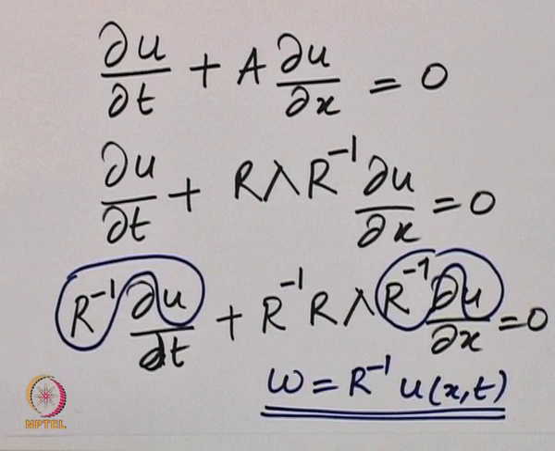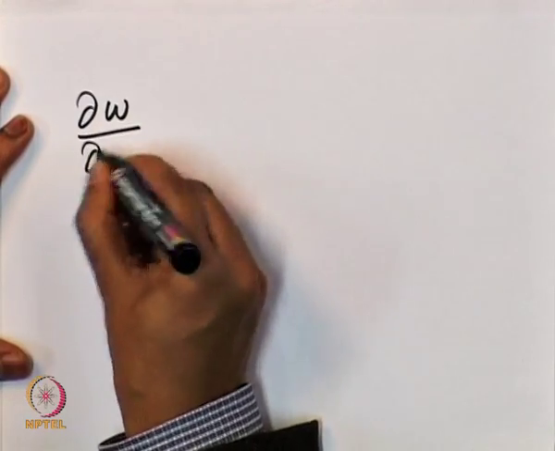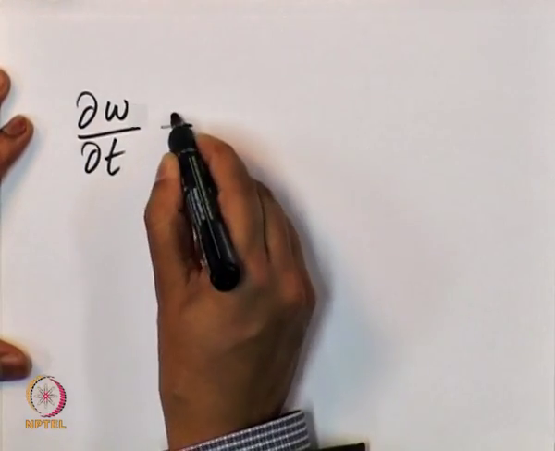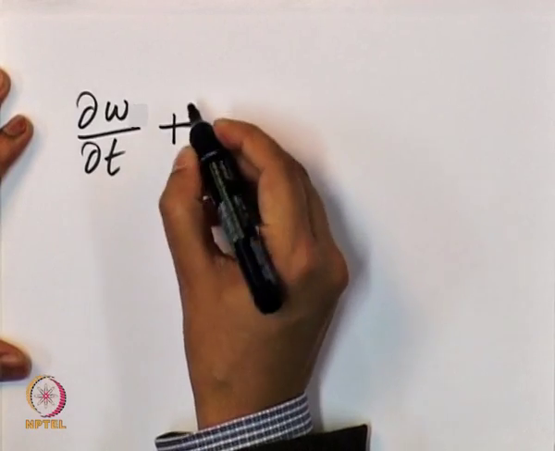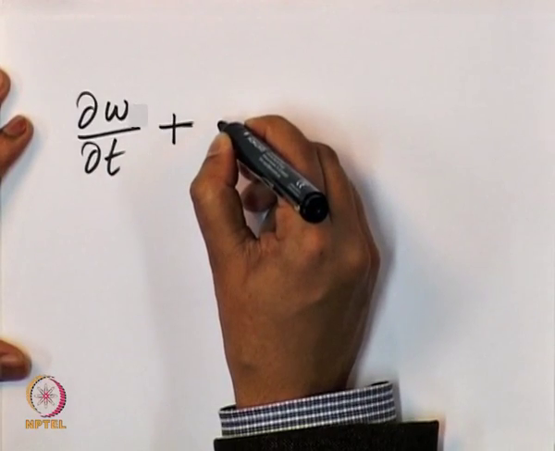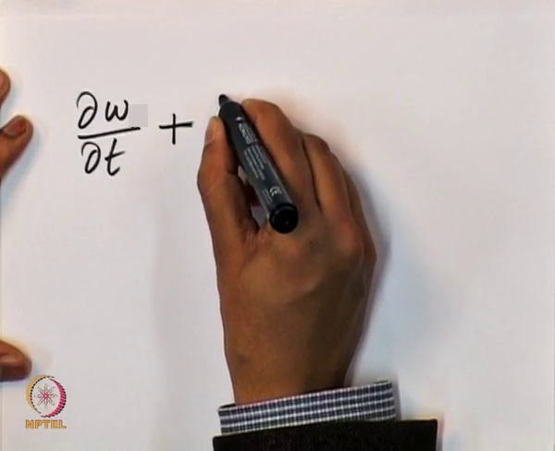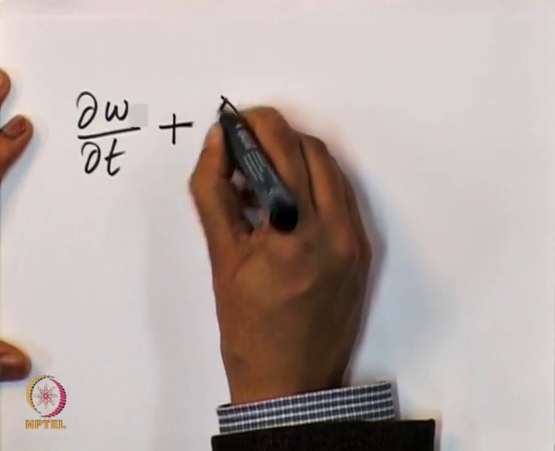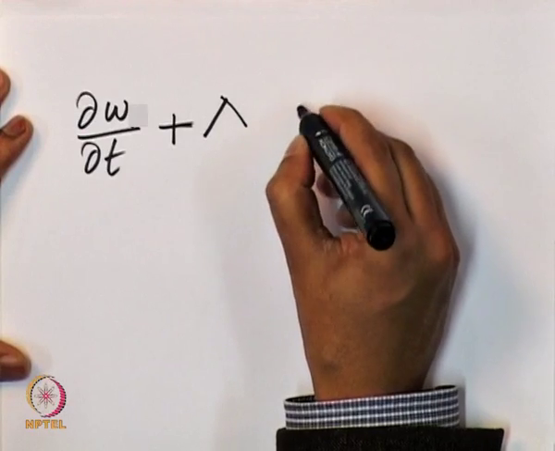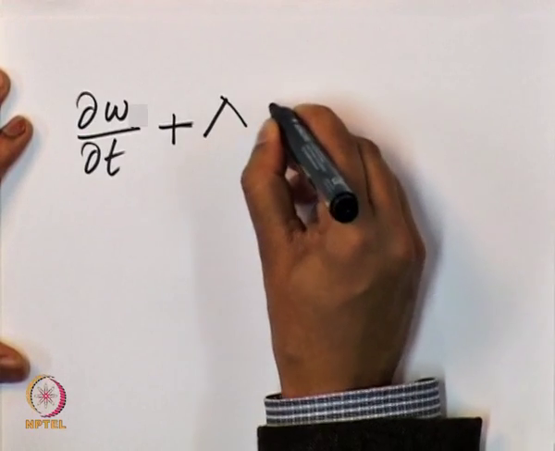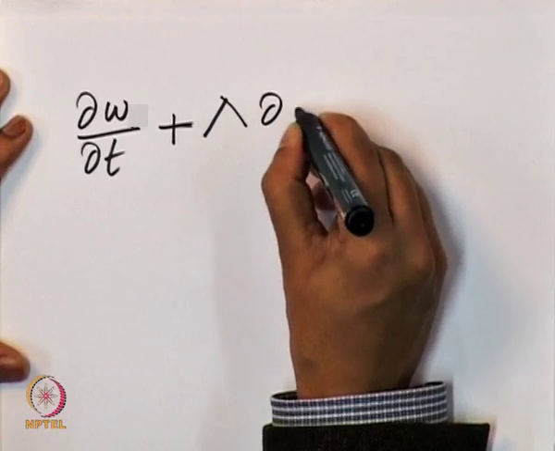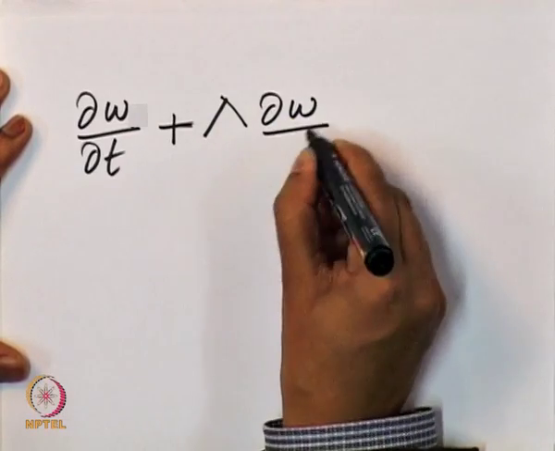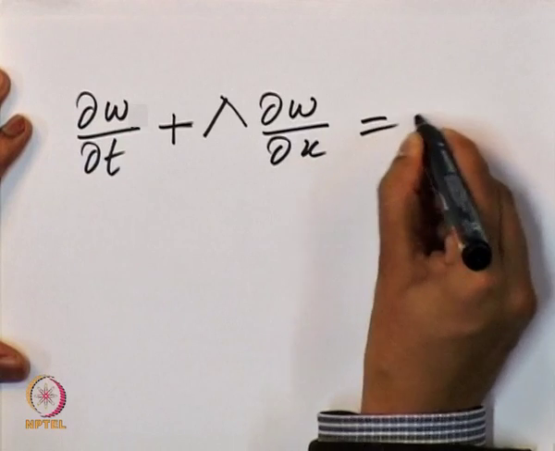So this equation will look like this. What we will have is dw dt plus the bigger lambda times dw by dx is equal to 0.